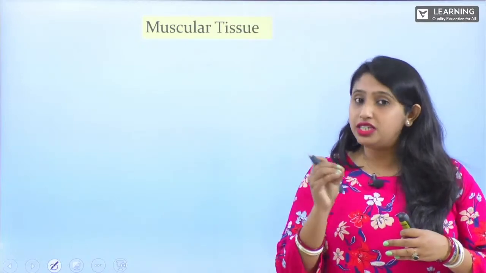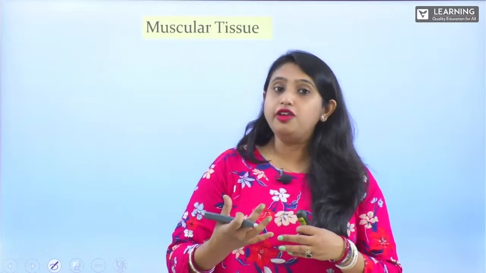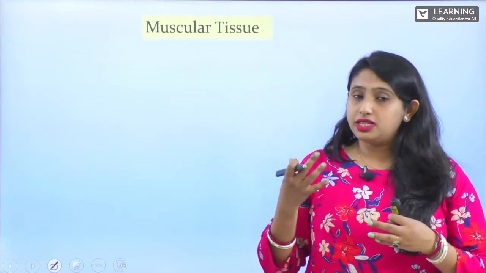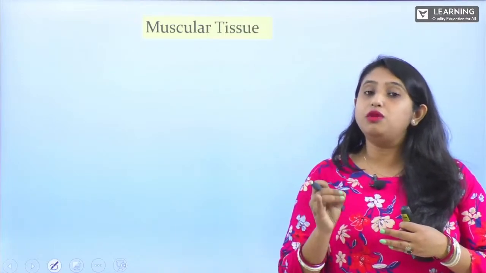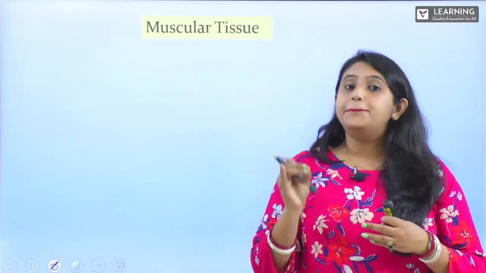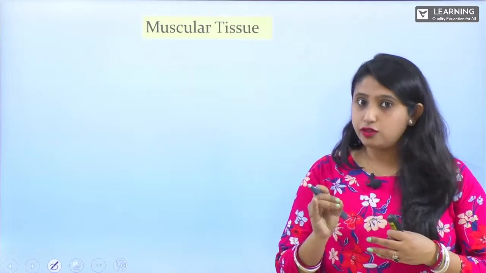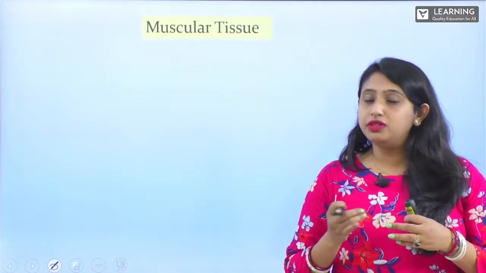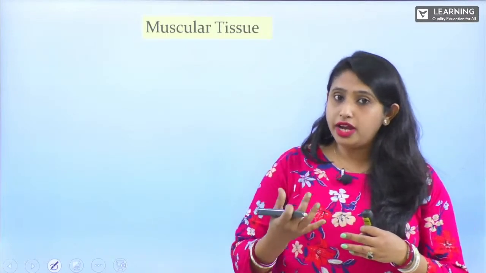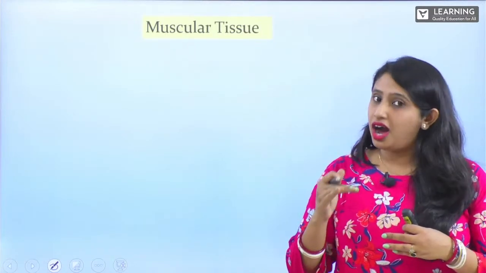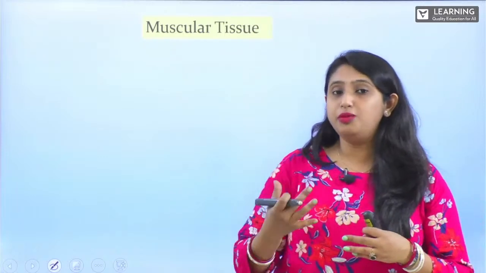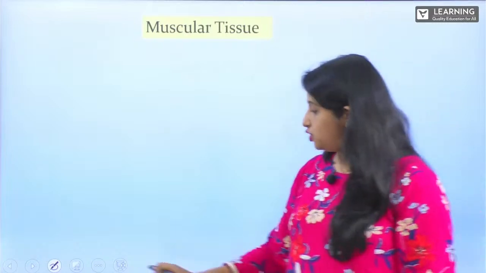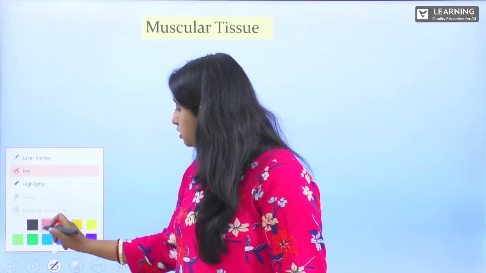So from the mesoderm of the embryo, the muscle tissue is derived. All the animal tissues of the higher groups are derived from the mesoderm. Clear? The origin of muscular tissue is the mesoderm.